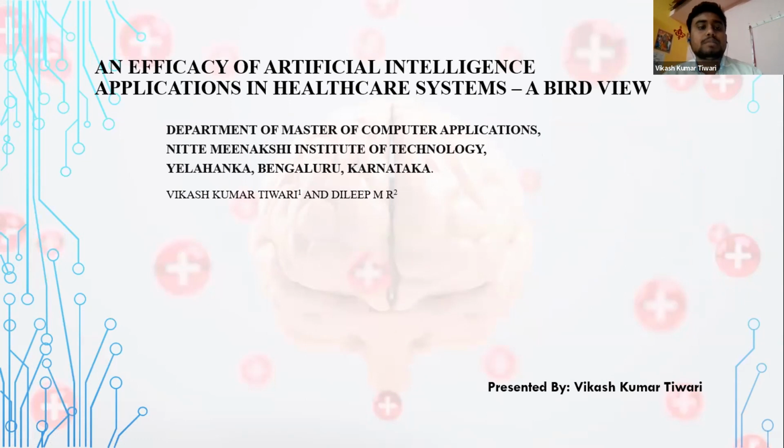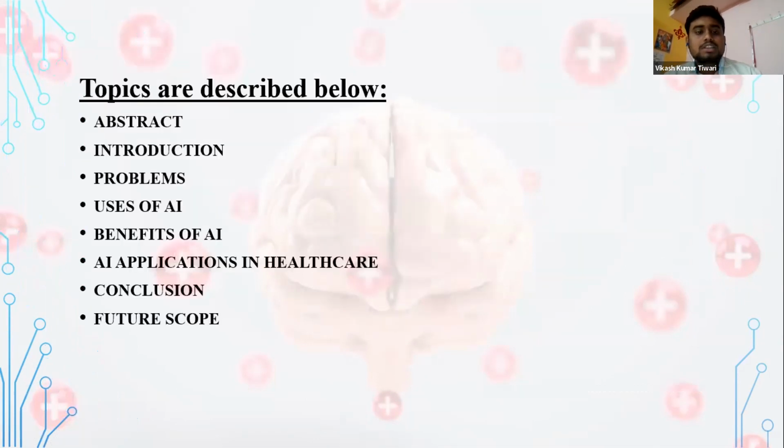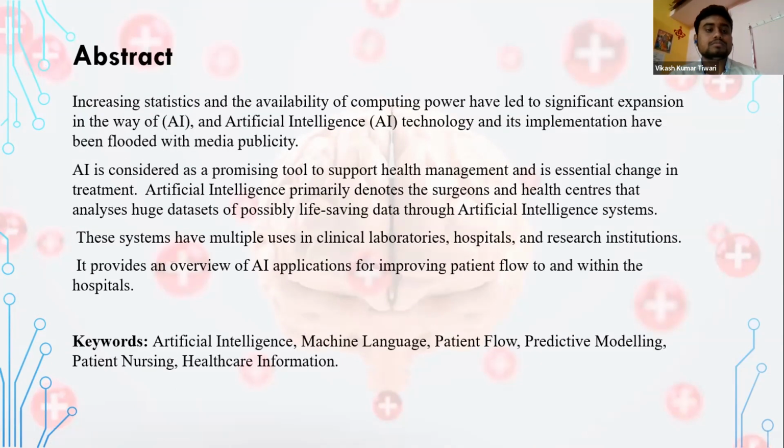Firstly, I want to tell that my topic is an efficacy of artificial intelligence applications in healthcare system, a bird view. Here are some of the topics which I have mentioned here: abstract, introduction, problems, uses of AI, benefits of AI, applications in healthcare, conclusion and its future scope.